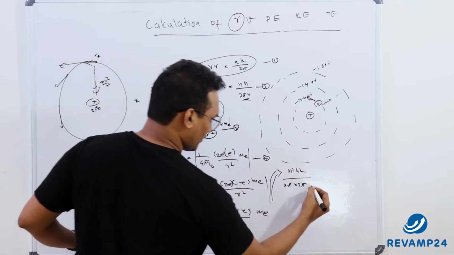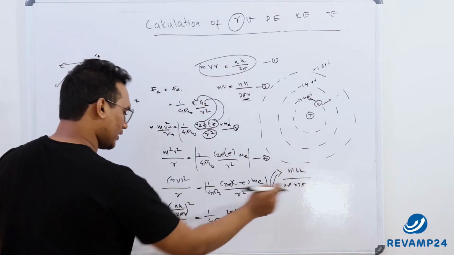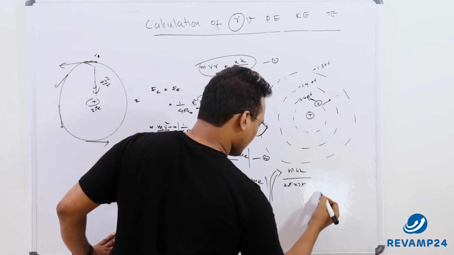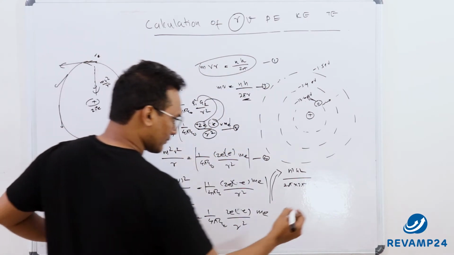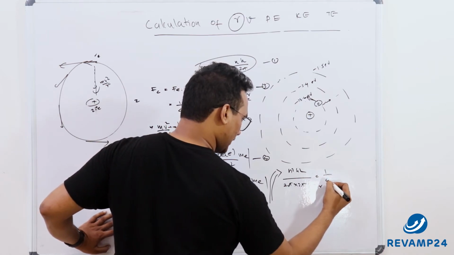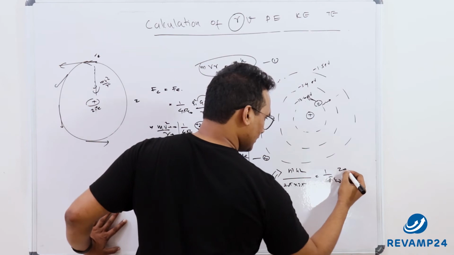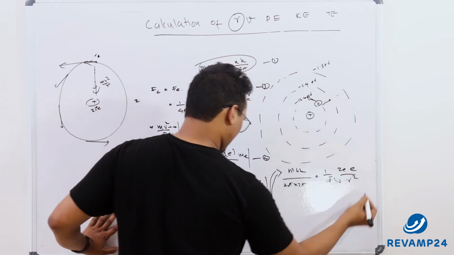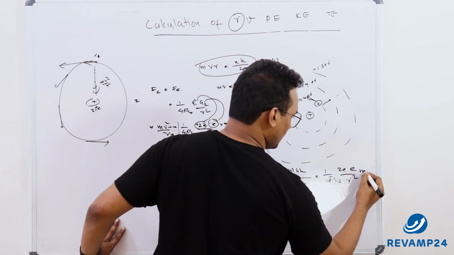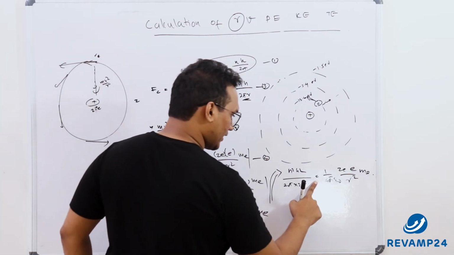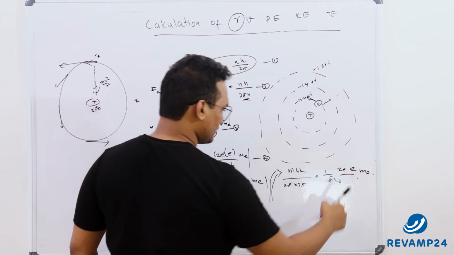Now r square, so that is 2 pi the whole square into r square, and this r will also come to the denominator. This is equal to 1 by 4 pi epsilon 0 ze e divided by r square into me. Now one r square and another r square can be cancelled.